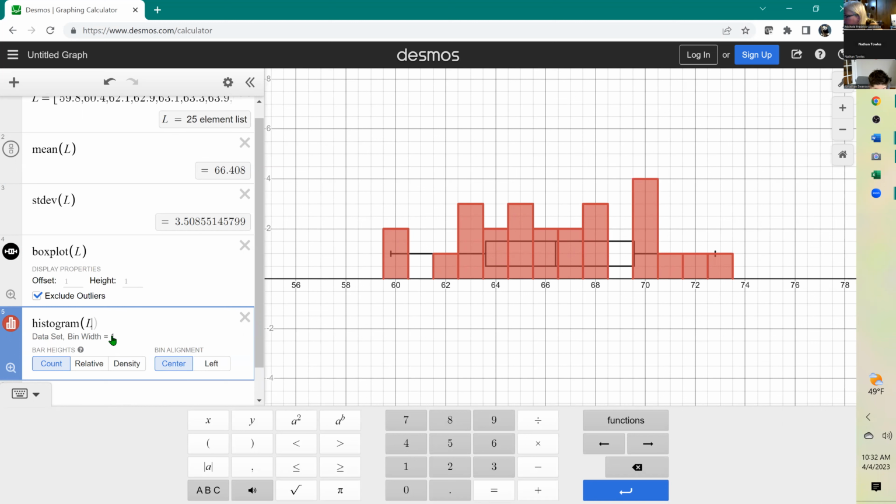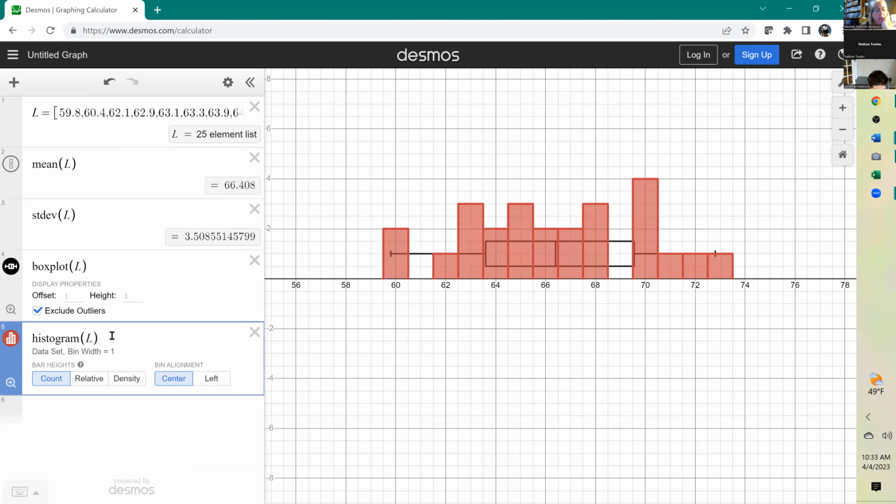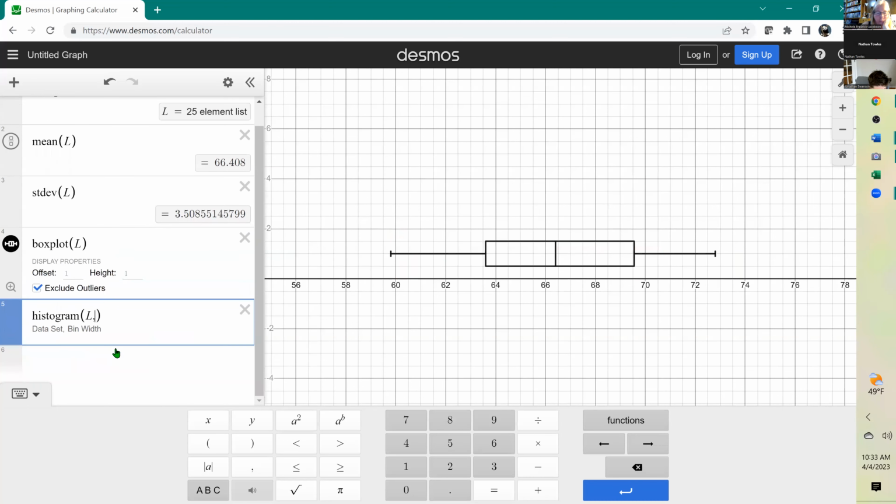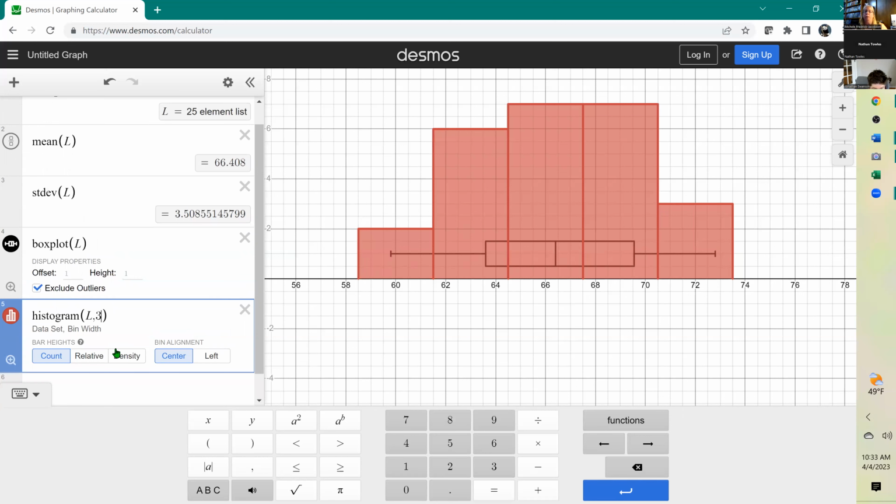What did we go by? 3, I think. You change the 1 to a 3, and now it looks more like our graph. So this width is whatever you're counting by. They went by ones. We decided 3s. Any questions?